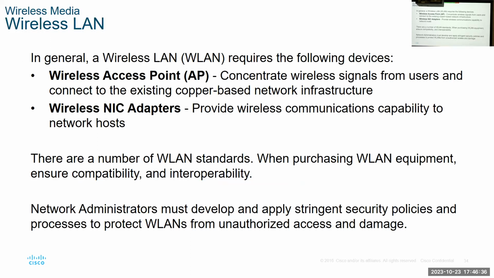Okay, and then wireless LAN, that's what we're going to focus on in the CCNA program. What do you need? An access point and a NIC. You really only need NICs, because you can have a peer-to-peer type wireless network that doesn't require an access point.